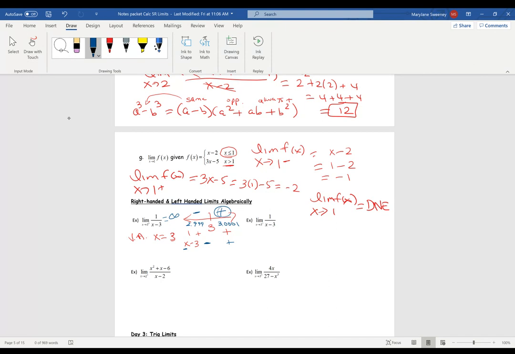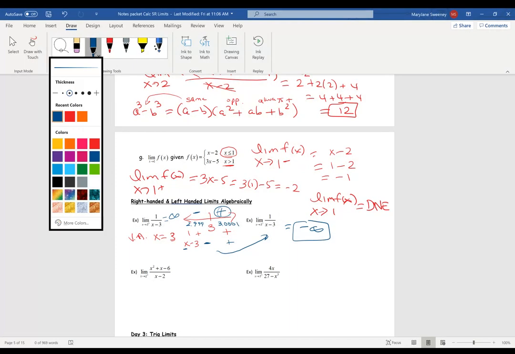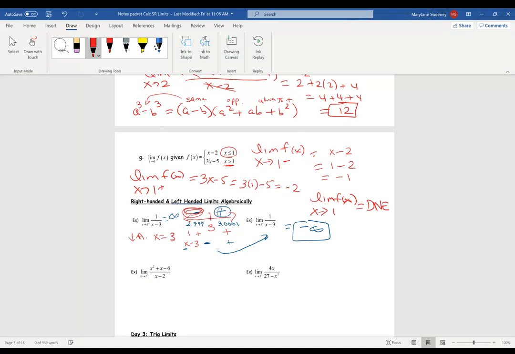So from the left, I could use the same work to say 3 from the left would be negative infinity, based on coming back over here. If I'm to the left of 3, I have that.